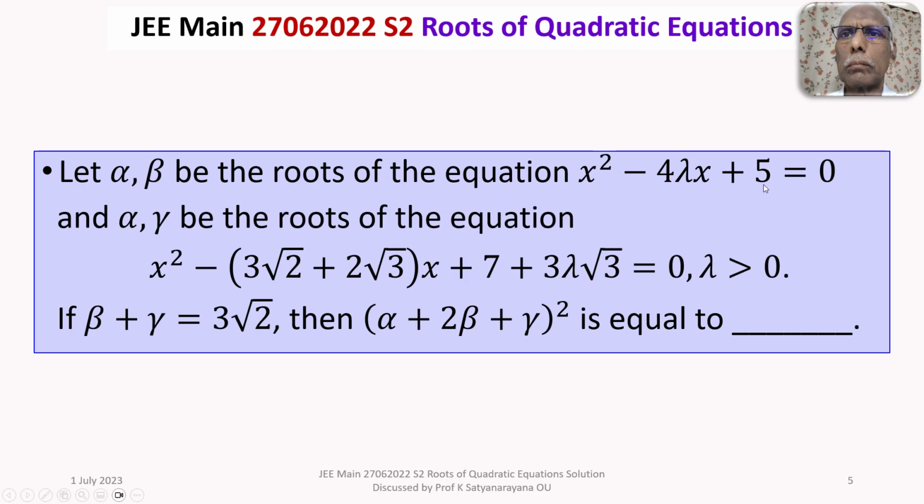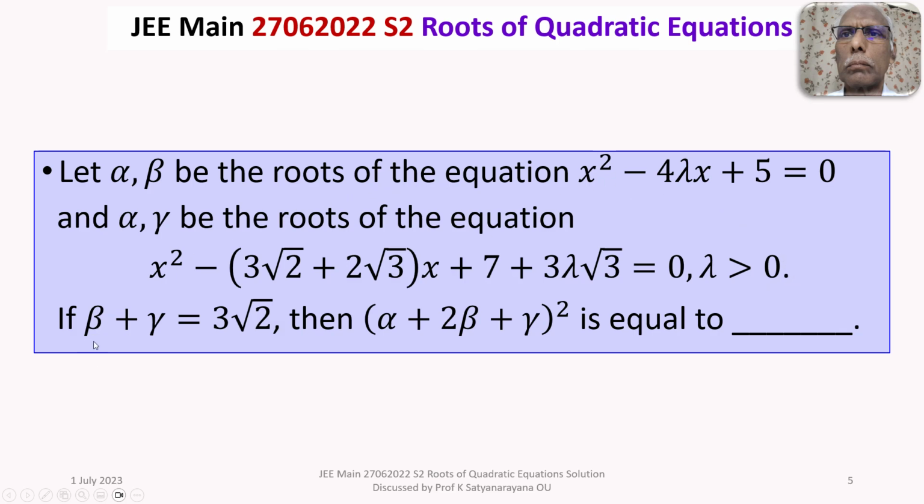This is the first quadratic equation and the second quadratic equation is here. It is given alpha, beta are the roots of the first quadratic equation, and alpha, gamma are the roots of the second quadratic equation, where lambda is given to be greater than 0.